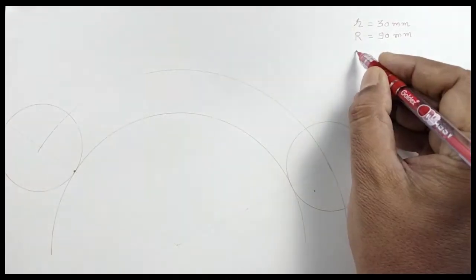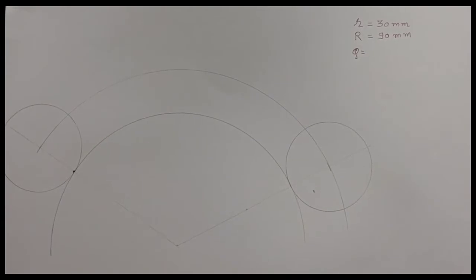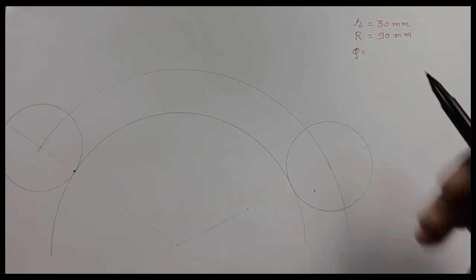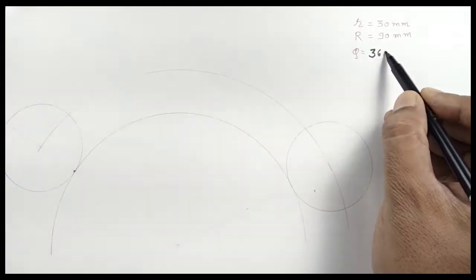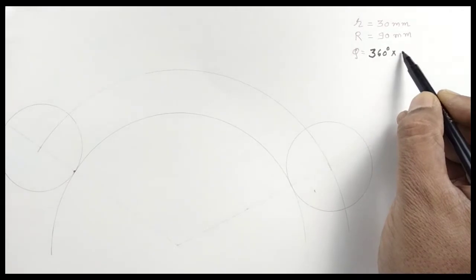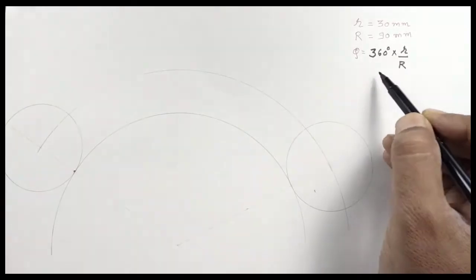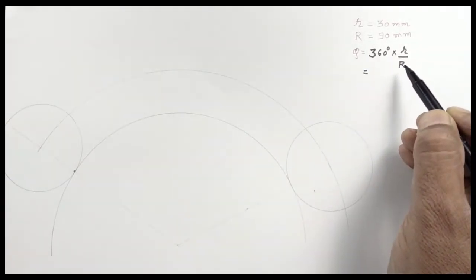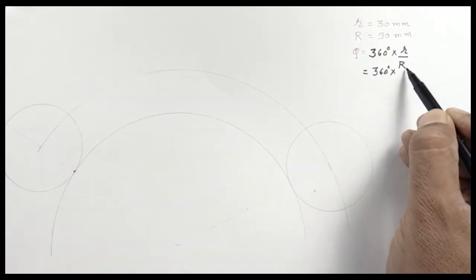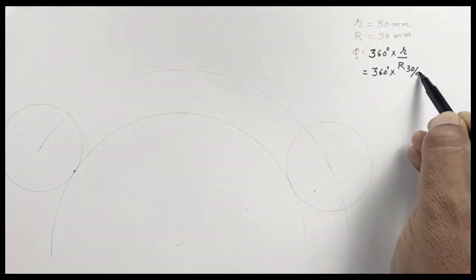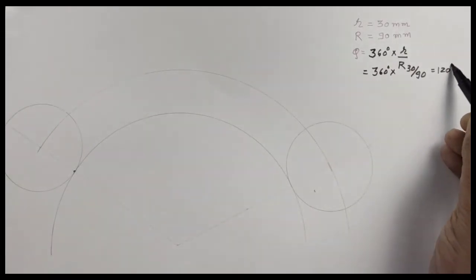So theta is equal to 360 into small r by capital R. So when we substitute our values, 360 into 30 by 90, we get 120 degrees.